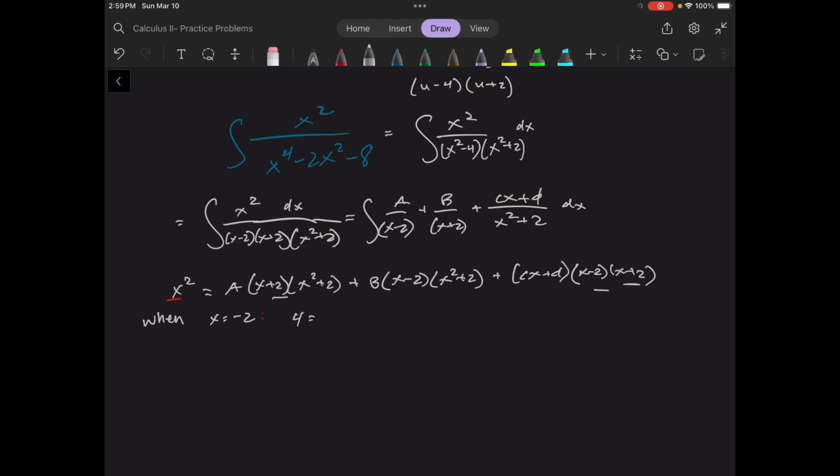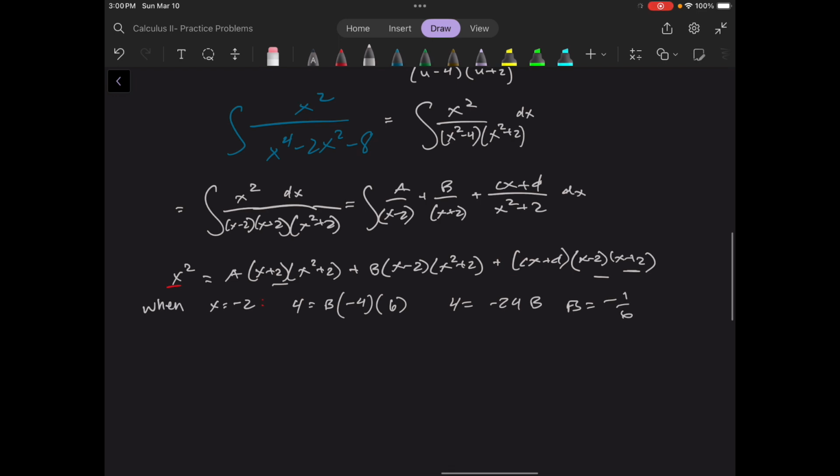So the only term that's going to stay is this b term. We have b. When you plug in negative 2, you get negative 4. When you plug negative 2 into there, you get 6. So that means 4 equals negative 24b, and b equals negative 1/6.